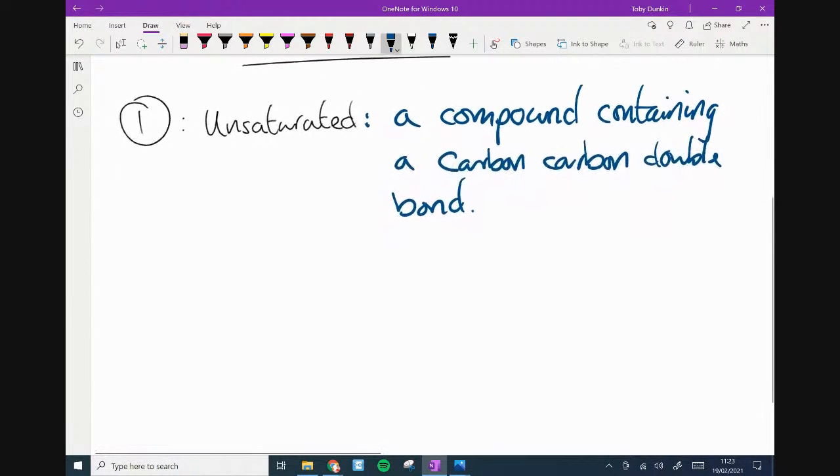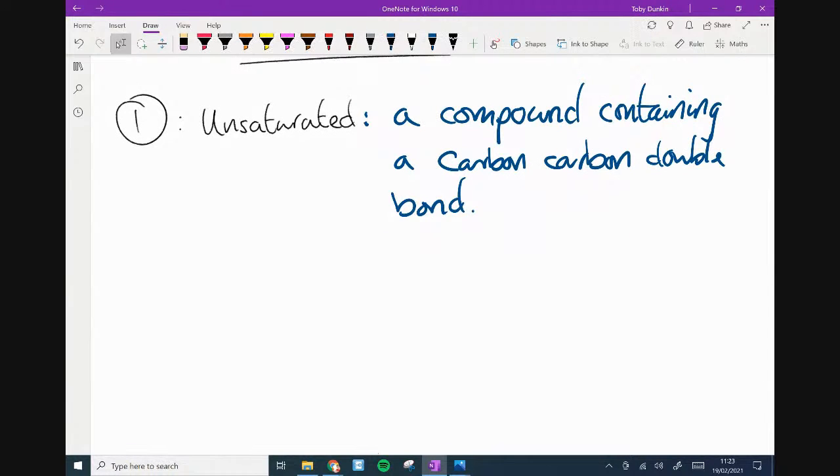So the term unsaturated, can anyone guess? This is one of the ones which I hate. The word saturated. If unsaturated means I have a carbon-carbon double bond, guess what the word saturated means? Isn't it ridiculous? It's a definition that you say is a not definition.